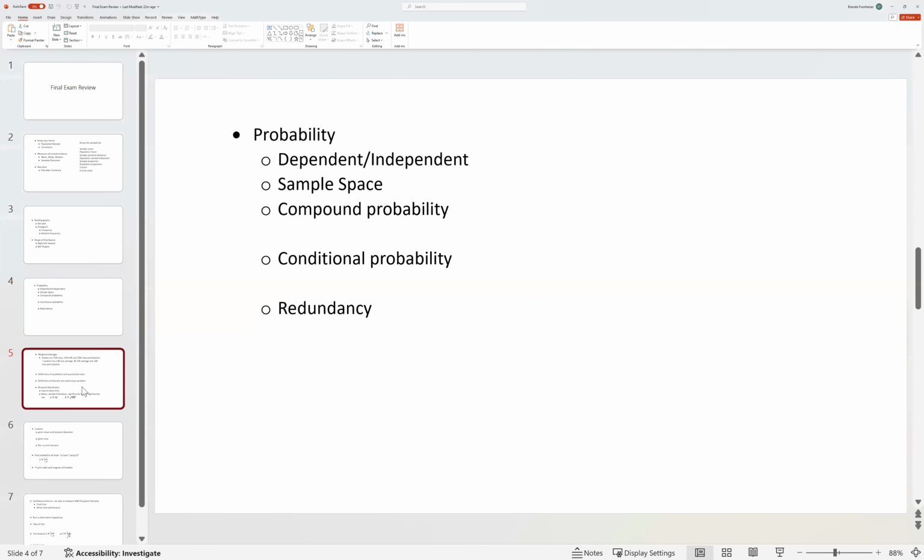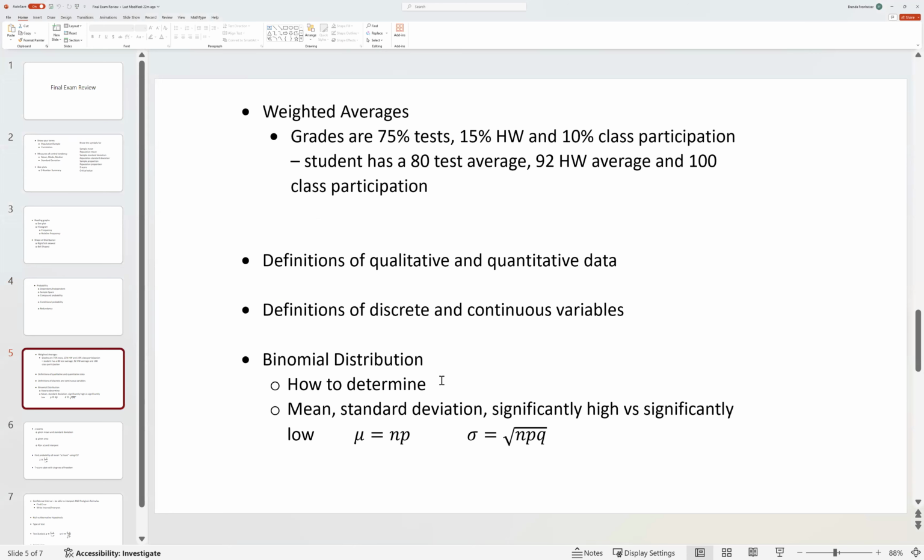Okay, now the stuff that's a whole lot more familiar to you, hopefully, as you get down into the bottom here. But one of the things I did want to bring up that goes along with mean is the whole idea of weighted averages. All right, as an example here, let's suppose your grades consist of 75% test score, 15% homework, 10% class participation. The student has an 80 on their test average, and 92 on their homework, and 100 class participation.